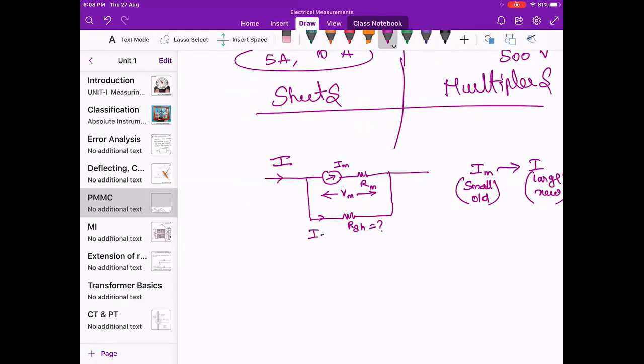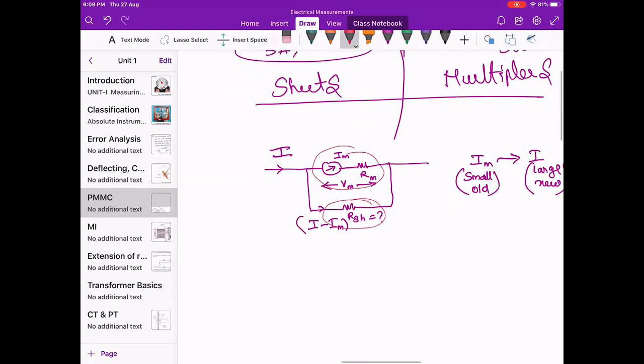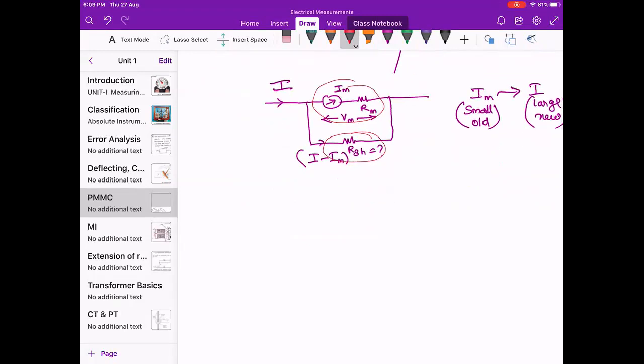What is the current flowing here? I minus IM. As they are connected in parallel, their voltage drops are the same. What is the meaning of that? IM RM is equal to (I minus IM) times R shunt, that is the current flowing through R shunt. We want the R shunt value.